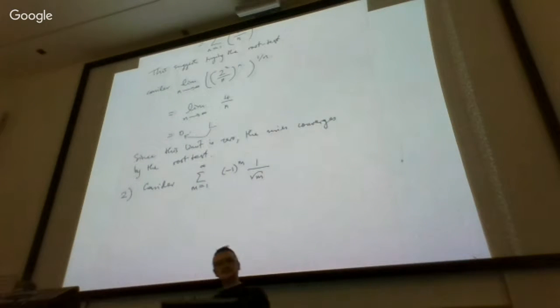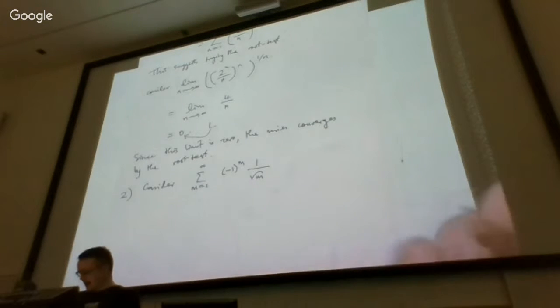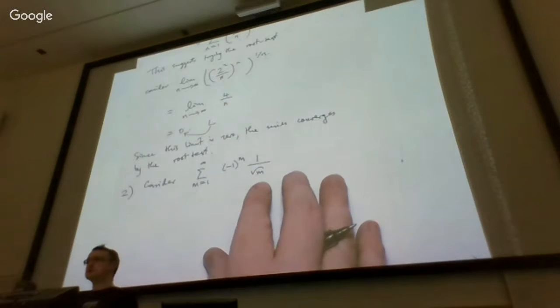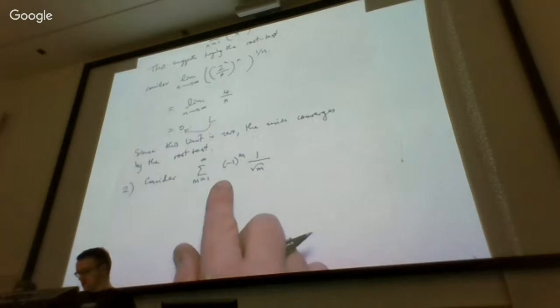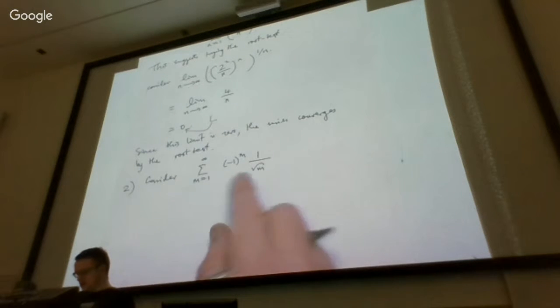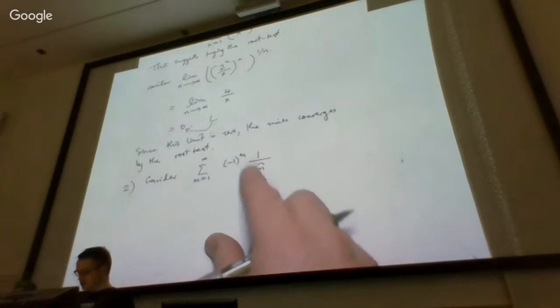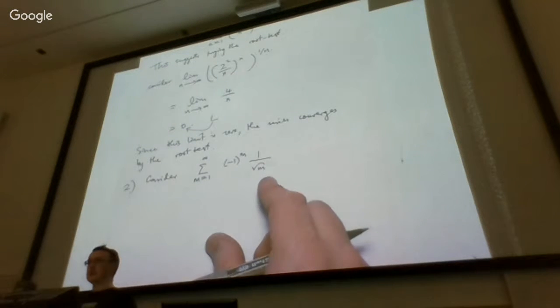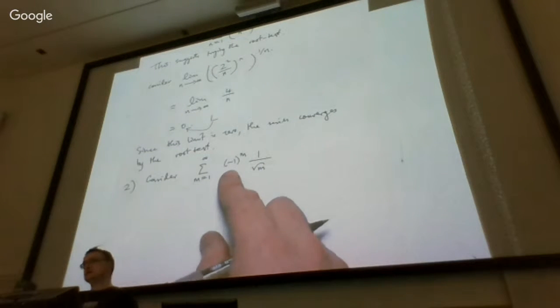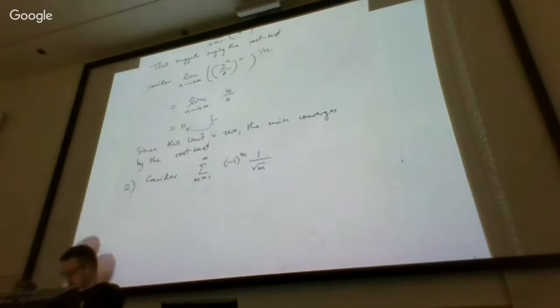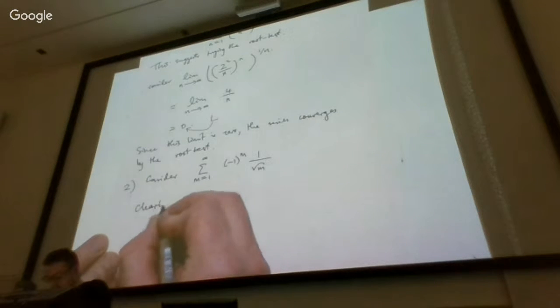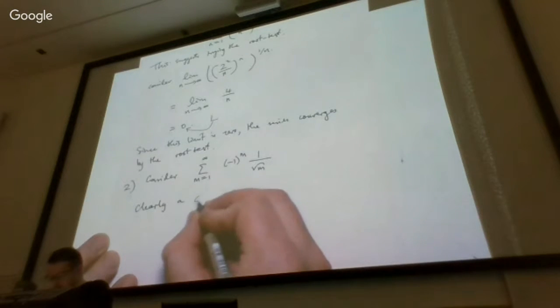And again, this is screaming out the name of the test to apply, because it's an alternating series. The terms of the series are this positive bit, 1 over root n, and then an alternating positive and negative sign. So this is clearly a case for the alternating series test.